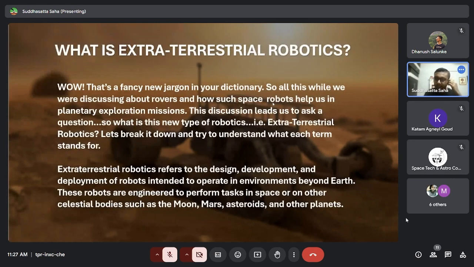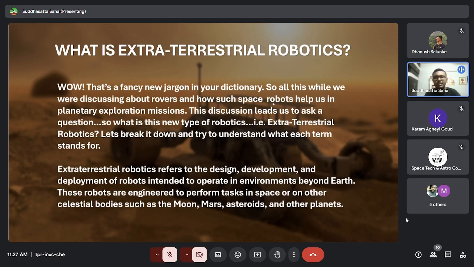So now we jump into this domain of extraterrestrial robotics. Yep, it is a new jargon which is very big, but if we break it down into small parts, there are two terms: extraterrestrial and robotics. Extraterrestrial is basically anything associated with something originating or existing outside Earth, or operating in space conditions.